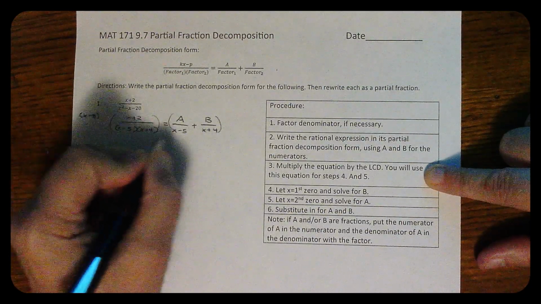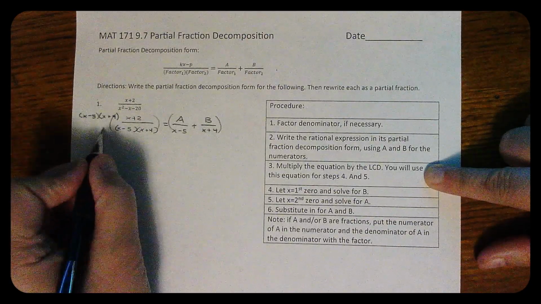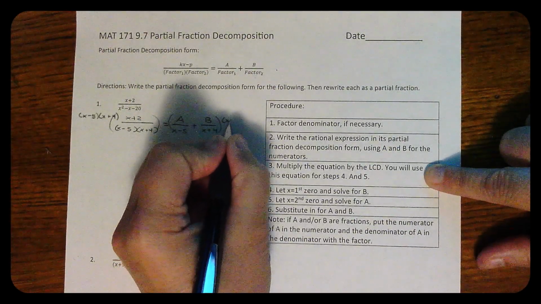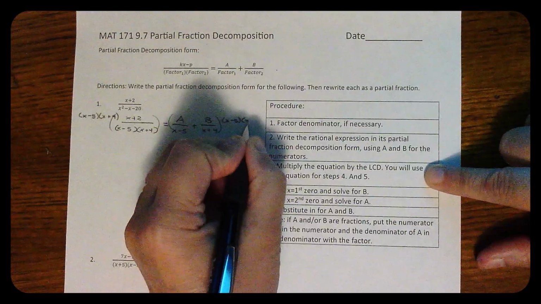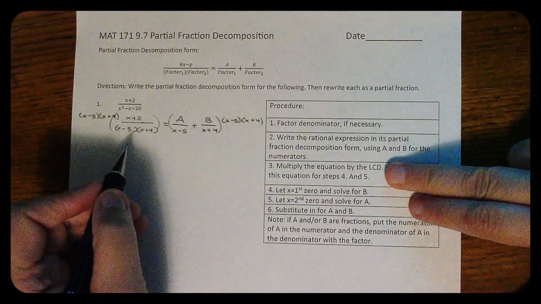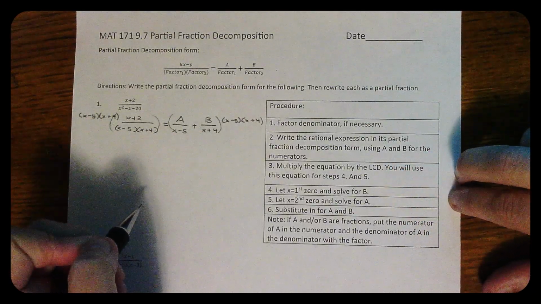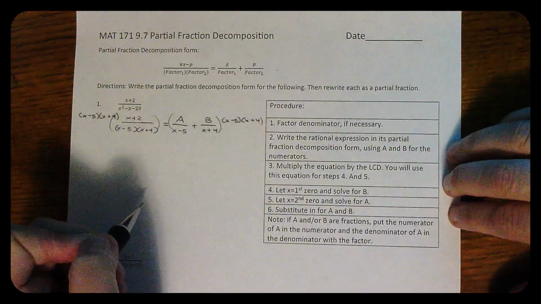So there's an x minus 5 factor and there's an x plus 4 factor. So you're going to multiply both sides by x minus 5 times x plus 4. And the goal of this, multiplying by the LCD, is to get the fractions away, divided out.